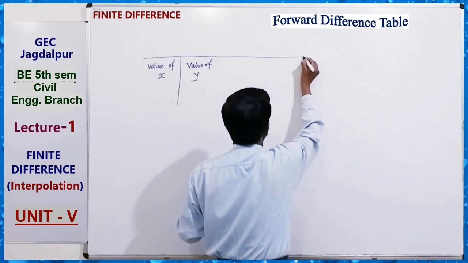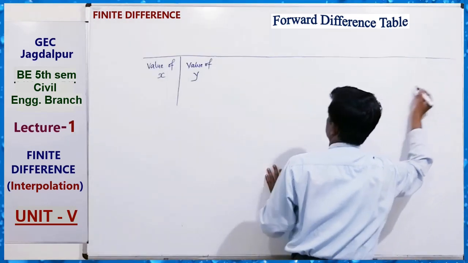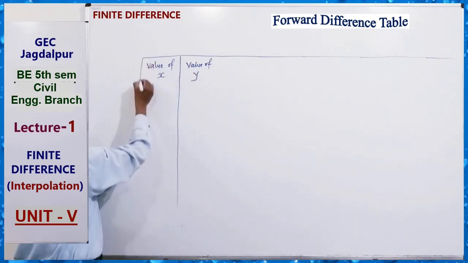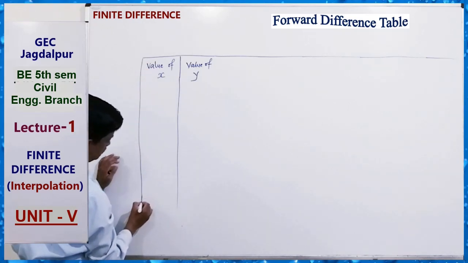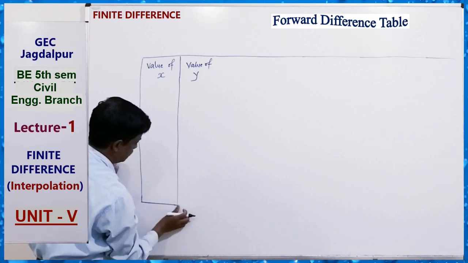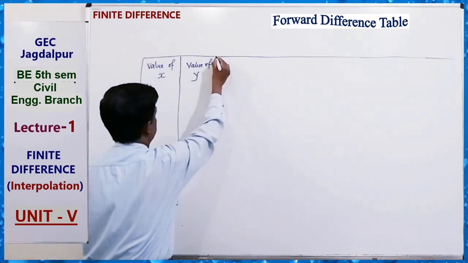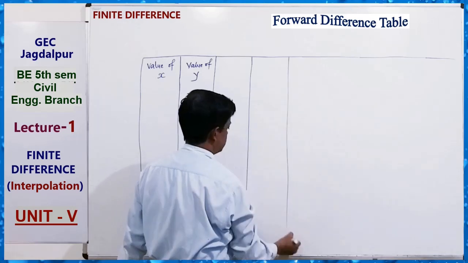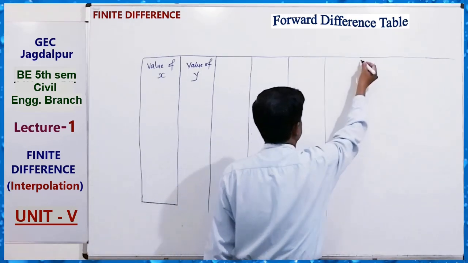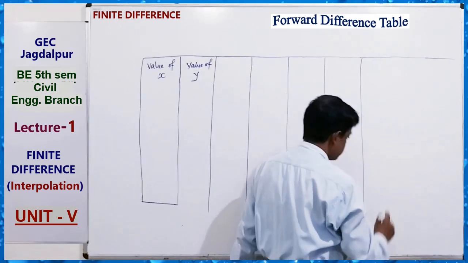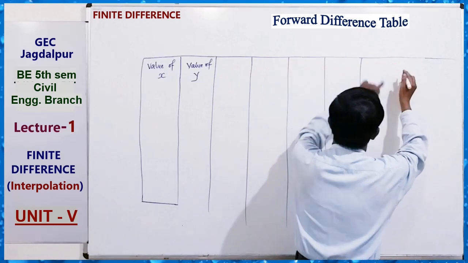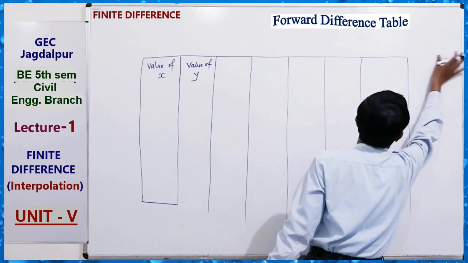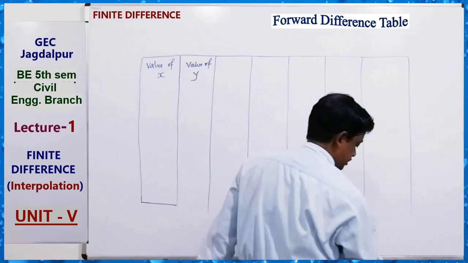First of all you have to write up to the fifth difference: 1, 2, 3, 4, 5. Fifth difference.